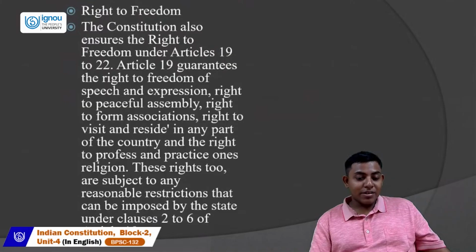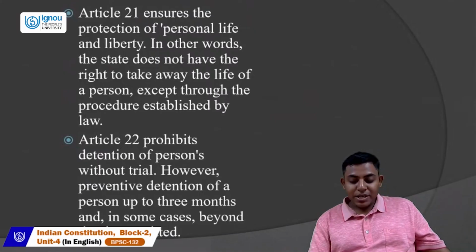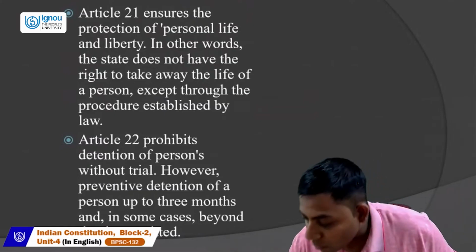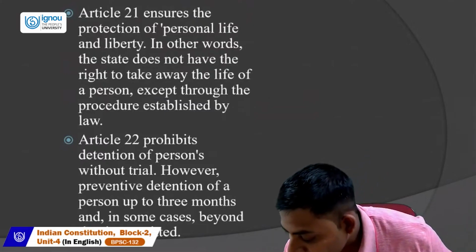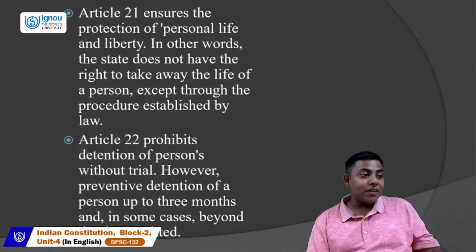So we have discussed the right to freedom, and we have discussed Article 20 and 21. And Article 22 basically says that a person cannot be detained without trial. And if a person has been detained, then that person has to be presented before a magistrate within 24 hours of that person's detention. And it has also clauses relating to preventive detention as well.